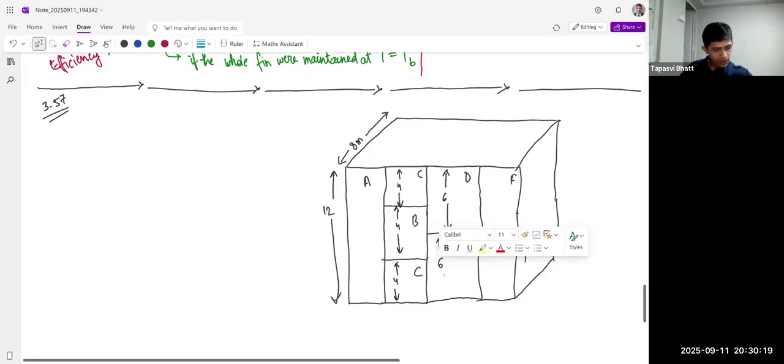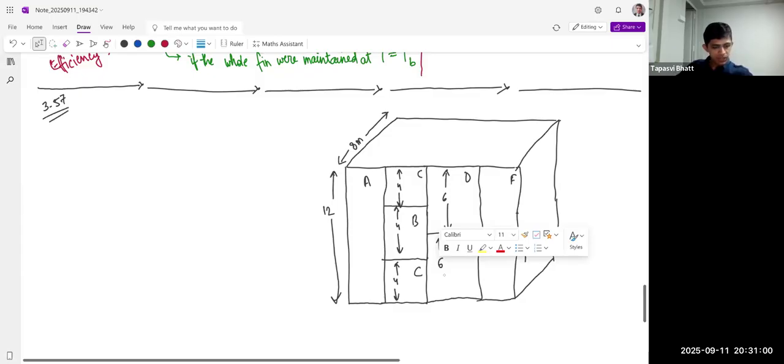And what is delta TF? What is the temperature drop across F? Okay. Now they have given, what else do we have?